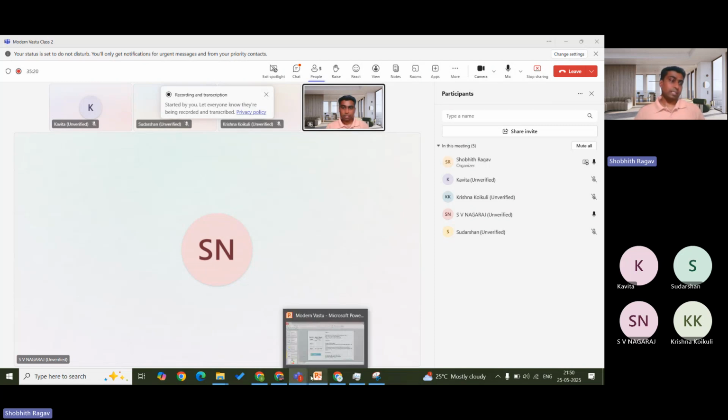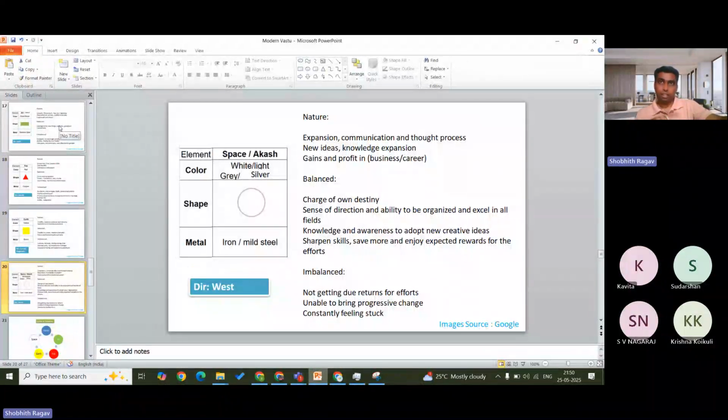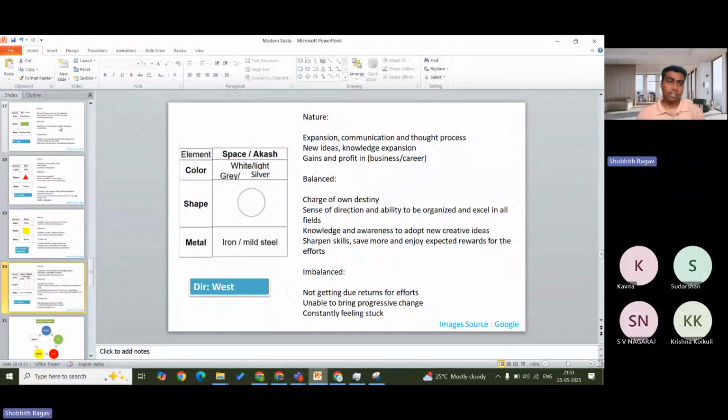Okay, so now we know these five elements are there. In nature, there is an order in which they are getting created. We say Brahma, Vishnu, Maheshwara. Brahma is the creator, Vishnu is the sustainer who maintains balance, and Shiva is the destructor. Similarly, these five elements also have a cycle. First we'll do the creation cycle.